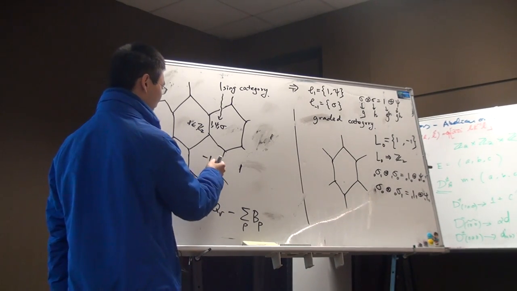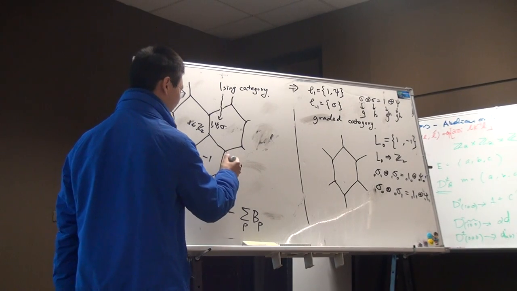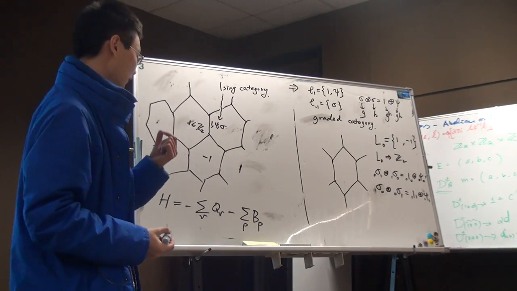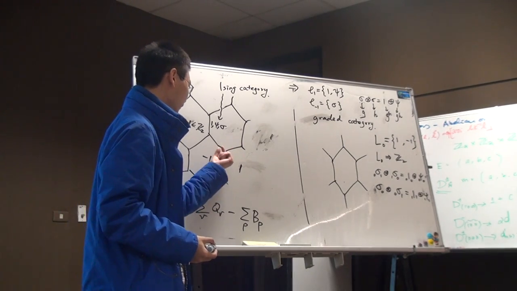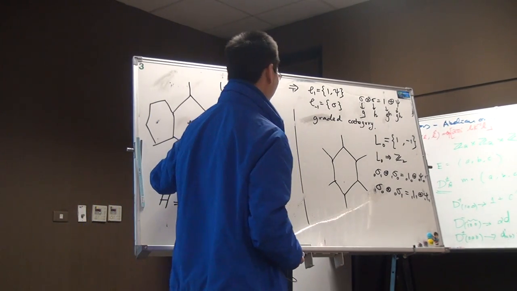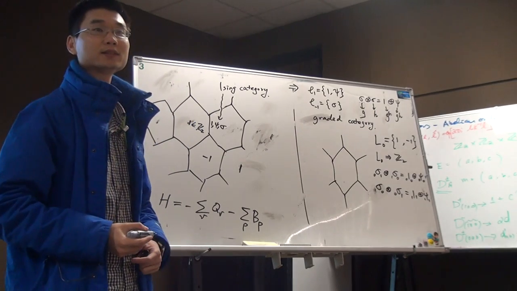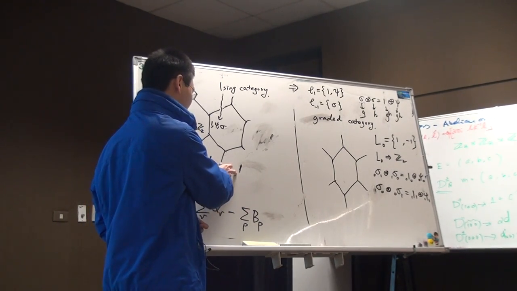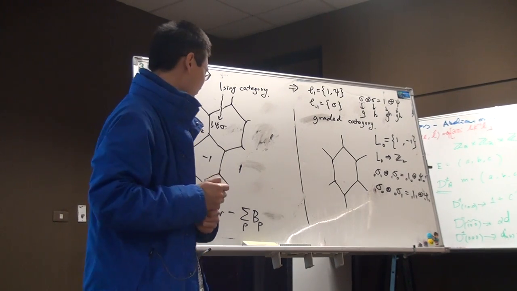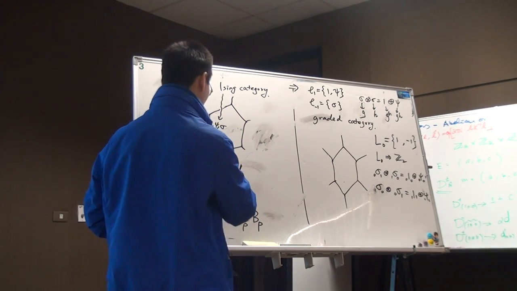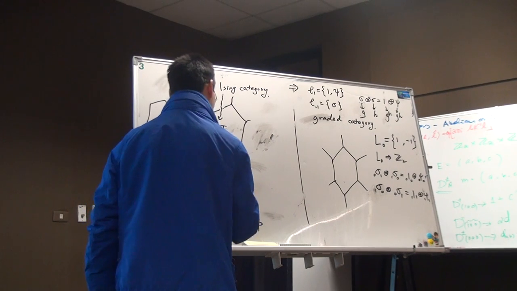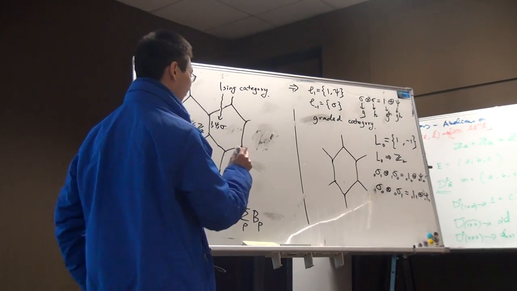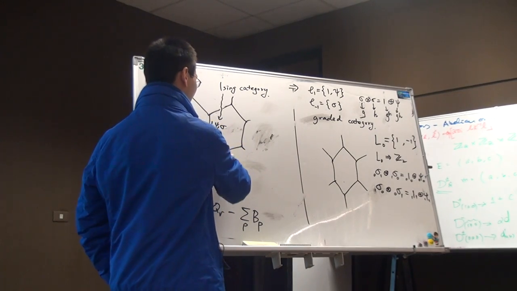So, for example, if we have -1 here and 1 here, then this link is associated to the group element -1. So we associate this group element to the link to indicate the coupling of the group elements to the degree of freedom on the link.